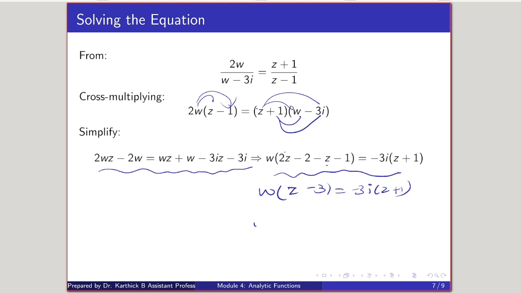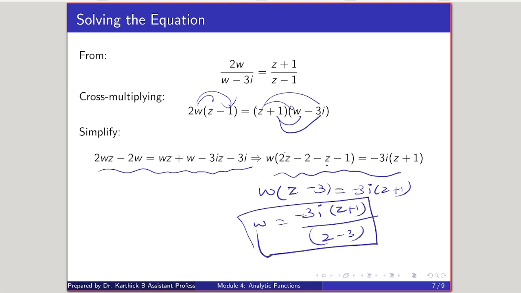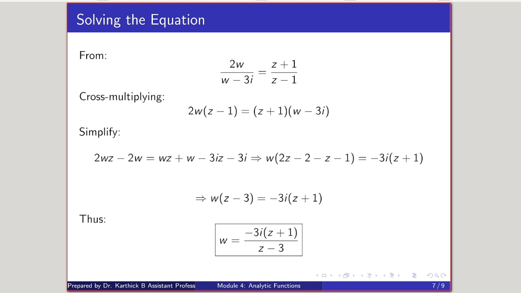We need w alone, so w equals 3i (z plus 1) divided by the remaining term, with no other w terms. This is what they are asking for, our bilinear transformation, which we call f of z. Finally, this is the bilinear transformation.